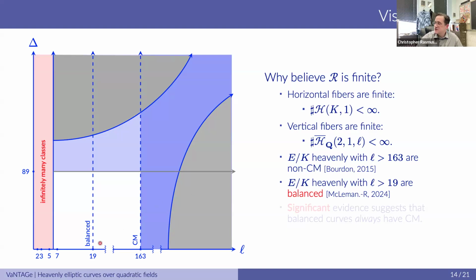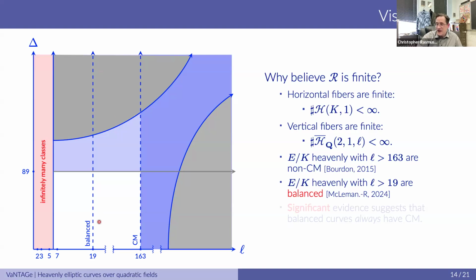So essentially, there's some structural component to being a heavenly abelian variety that cannot survive unusual behavior when L is large. And so this condition, which I'll define in a moment, has to hold for any elliptic curve that's heavenly and has L larger than 19. So we've got this boundary from Abby that says everything to the right of the right line does not have CM.